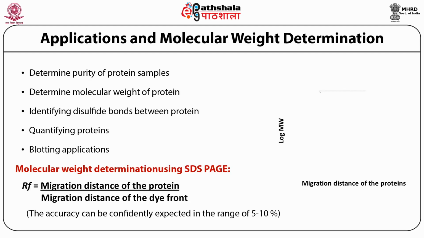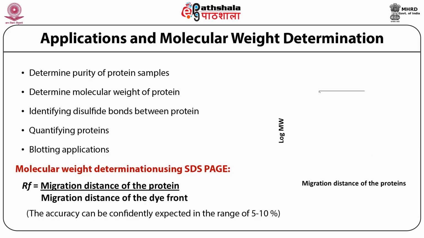The relative migration or the mobility Rf of a molecule in gel electrophoresis is determined by the free solution mobility along with the sieving action of the gel matrix. In SDS protein electrophoresis, the SDS buffer uniformly coats the proteins with the negative charges, equalizing the charge to mass ratio for all proteins.